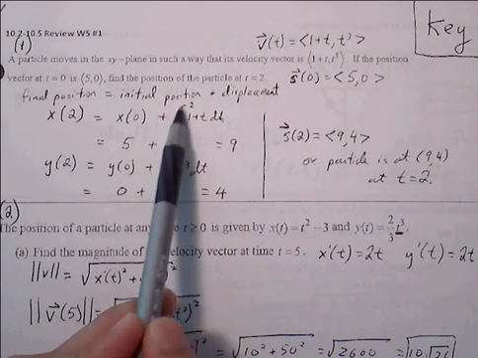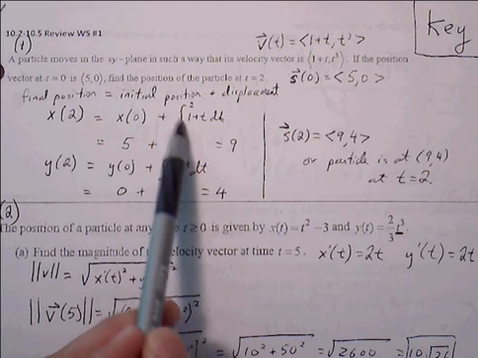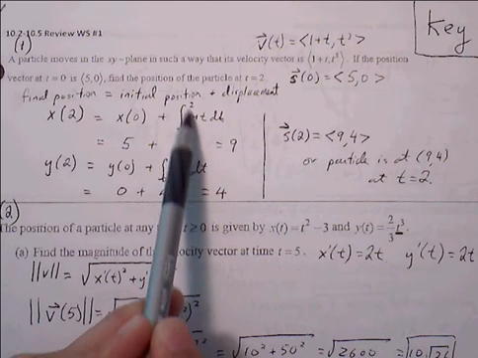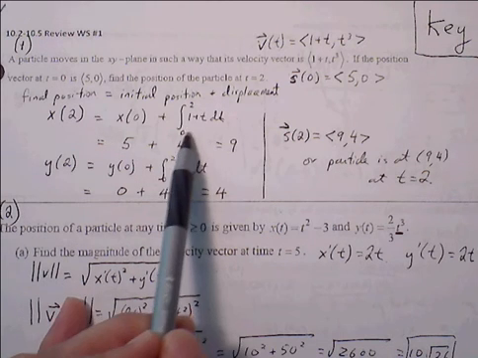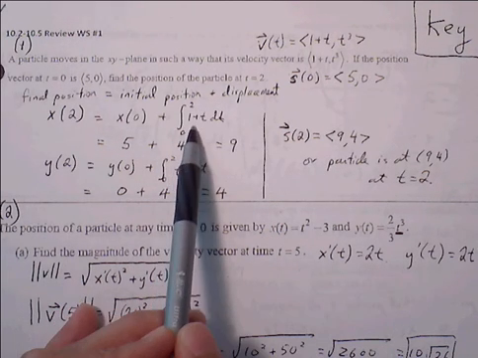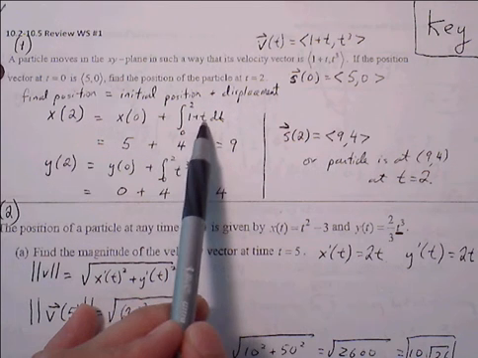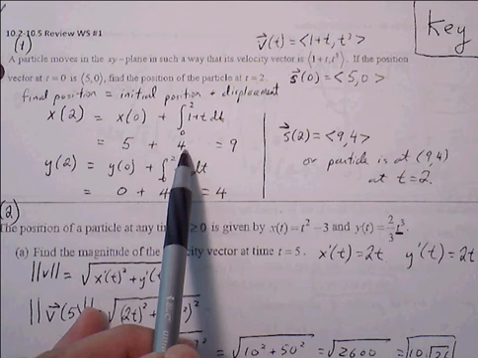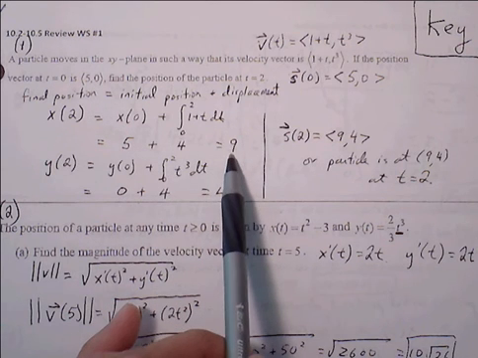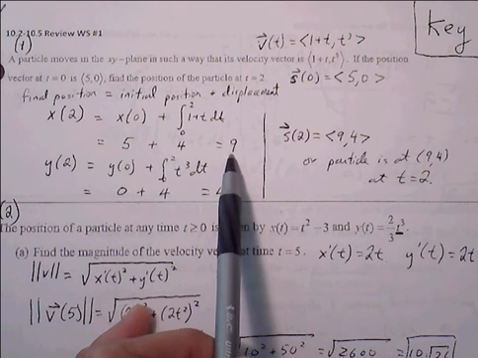And then the displacement, or the definite integral of the x component of the velocity from 0 to 2, we can just work through power rule here and then plug in our upper and lower bounds, and that will give us 4, and then 5 plus 4 is equal to 9. So this is going to be the x coordinate of our final position.